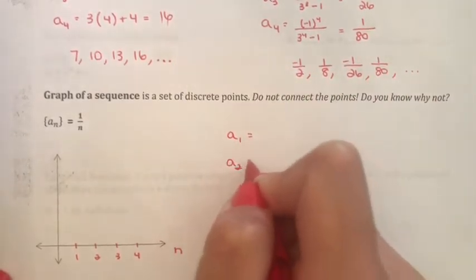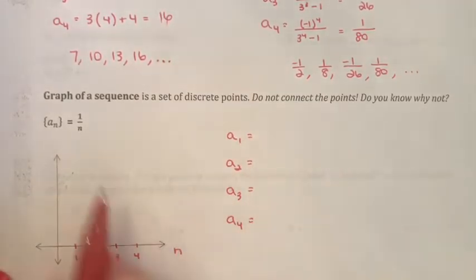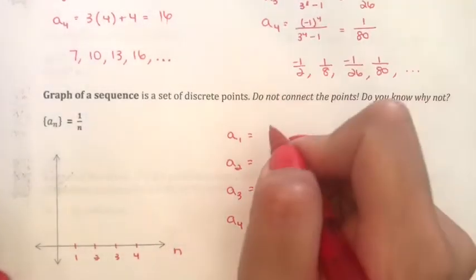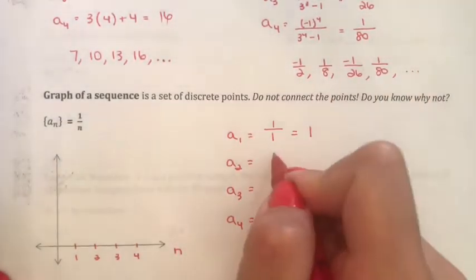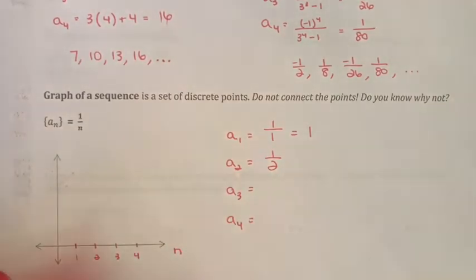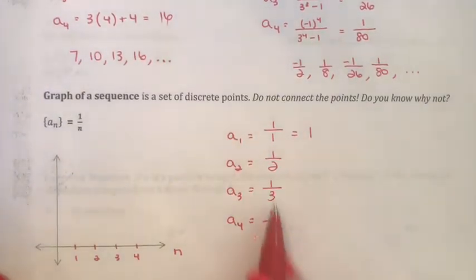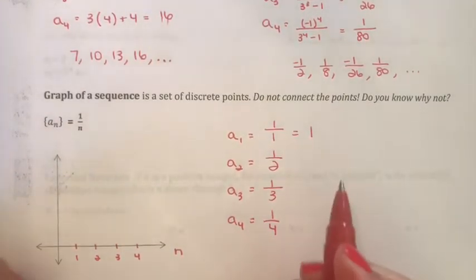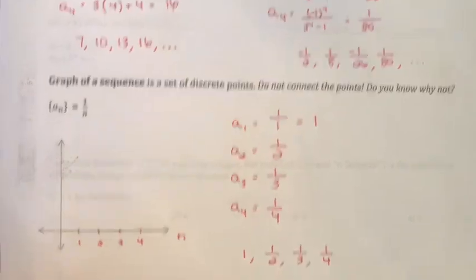A1, A2, A3, and A4. So if I plug a 1 in for n, I get 1. Plug a 2 in for n, plug a 3 in, and plug a 4 in. So the terms in my sequence are 1, 1/2, 1/3, and 1/4.